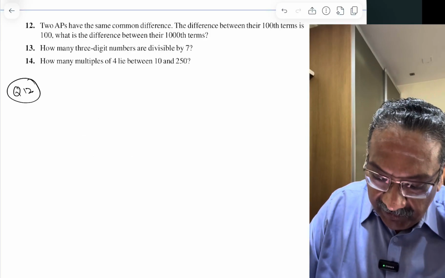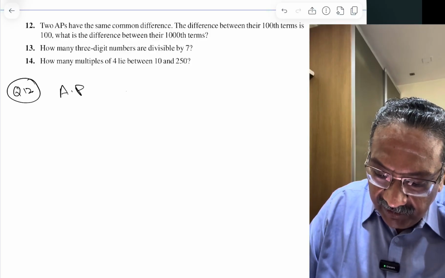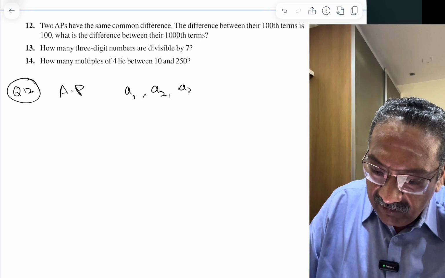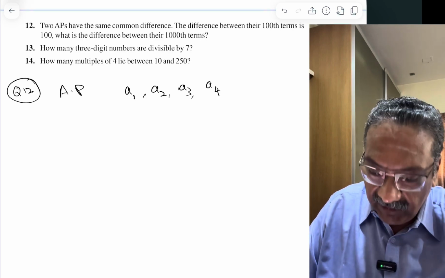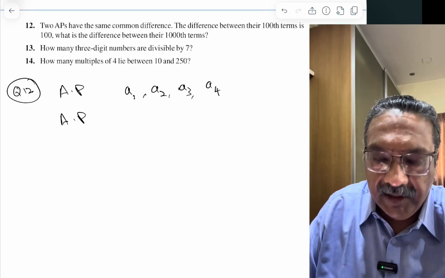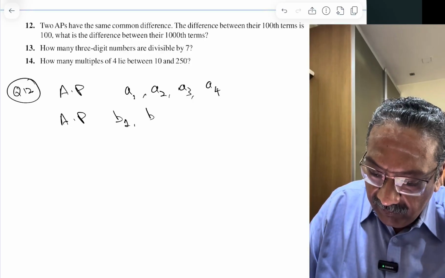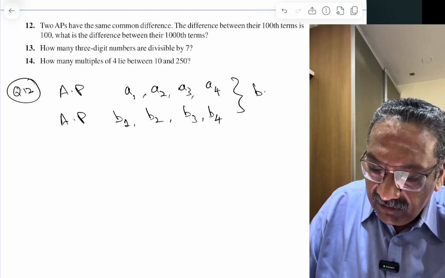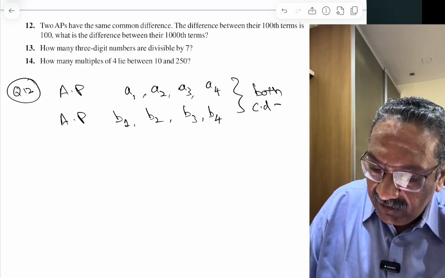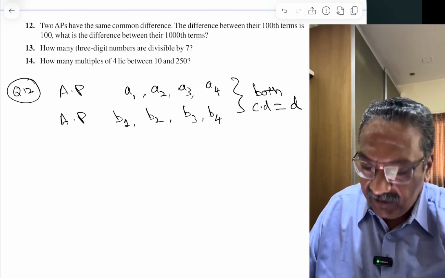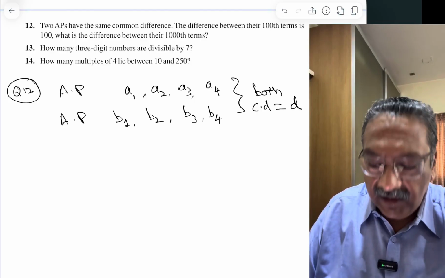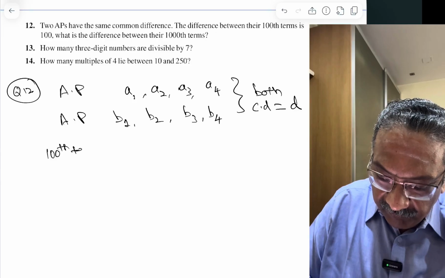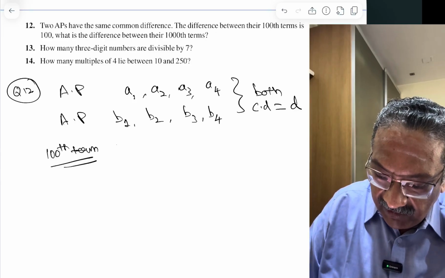So, let one AP be represented by A1, A2, A3, A4 and another AP be represented by B1, B2, B3, B4. Both the APs have the same common difference, which is D. What is the 100th term of the first AP?